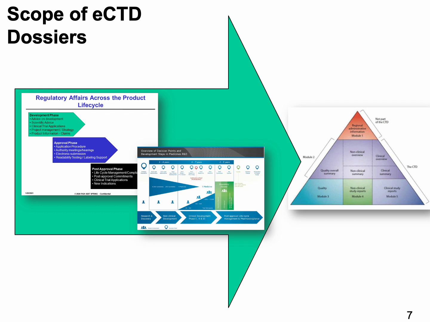Now overall we looked into the product life cycle, which is related to the regulatory affairs across the product life cycle. We went over three different phases: the development phase, approval phase, and post-approval phase. Then we talked about the research and discovery phase, the non-clinical, and then clinical development phases, phase 1 to 3.